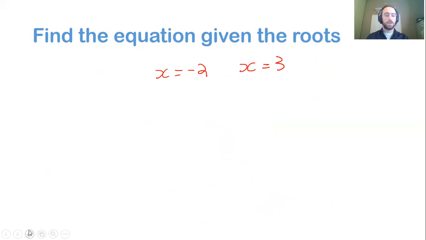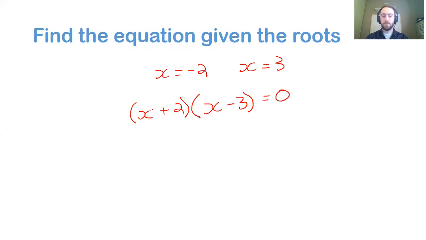How do we go about doing this? Well, we know when we have the roots, we can simply write out the factors. So in this case, it's x plus 2 and x minus 3.